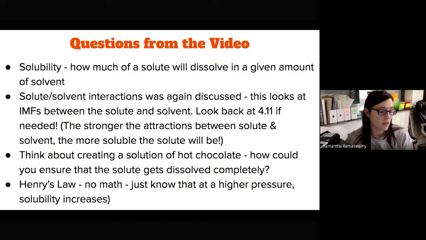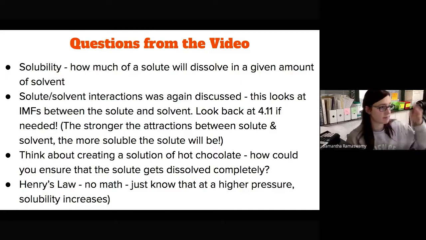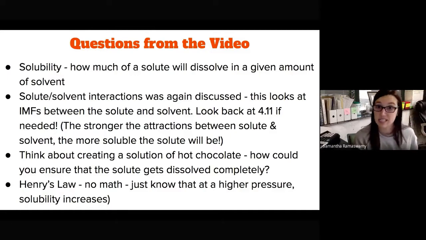So how can we make sure that the solute, whether it's a solid or a liquid or a gas, gets dissolved completely? And usually I have you guys in the lab for like 30 minutes figuring these things out, but it's not as easy from home. So think about with the hot chocolate, right? Well, it's called hot chocolate.